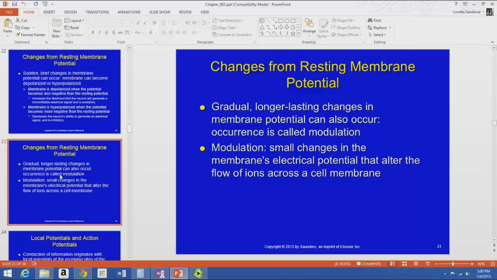Like we have our neurotransmitter molecules, there are other molecules that are considered neuromodulators that bind to proteins in the cell membrane, and they alter the flow of ions. They are longer lasting, and they are more gradual. So the effect of a neurotransmitter is fast, and it's over quickly. The effect of a neuromodulator is slow, and it lasts longer.